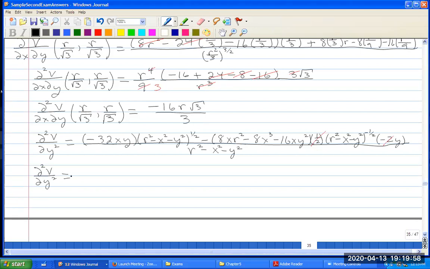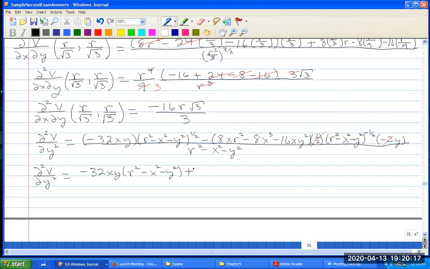so slightly simplify, multiply and divide by r squared minus x squared minus y squared to the 1/2. So you get a minus 32xy times r squared minus x squared minus y squared.